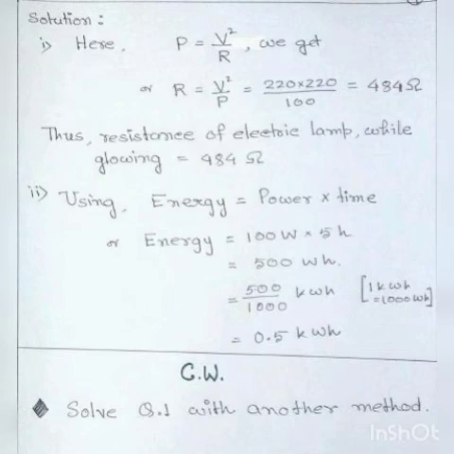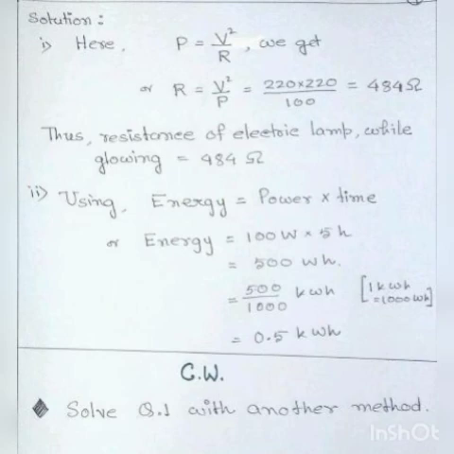Next we will calculate the energy consumed. Energy equals power into time, and here power is 100 watt and time is 5 hours. So energy equals 100 into 5 watt hour, that is 500 watt hour. Now the practical unit of electric energy is kilowatt hour, so we have to convert watt hour into kilowatt hour.